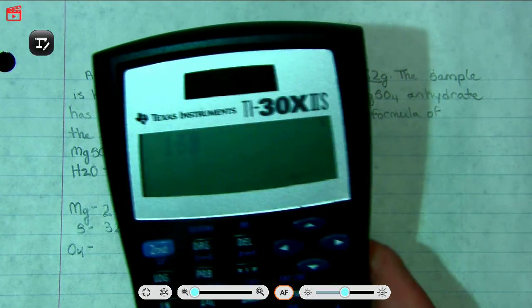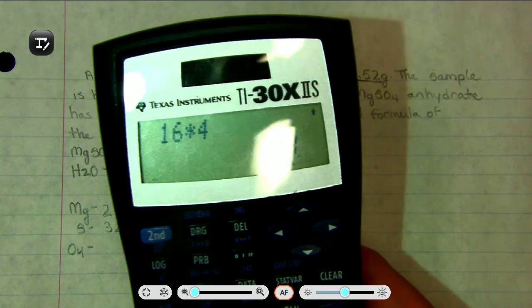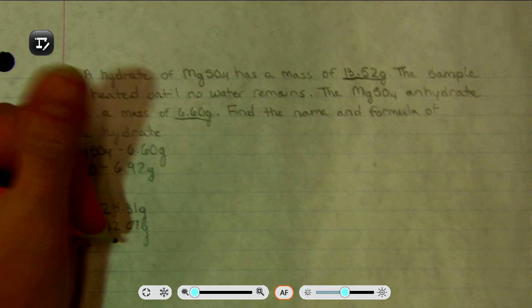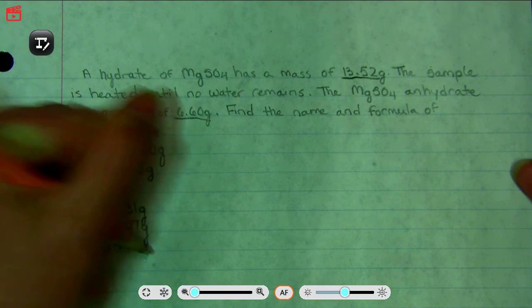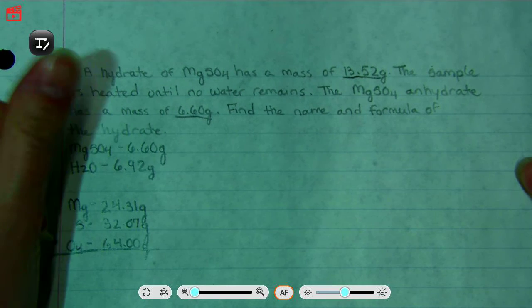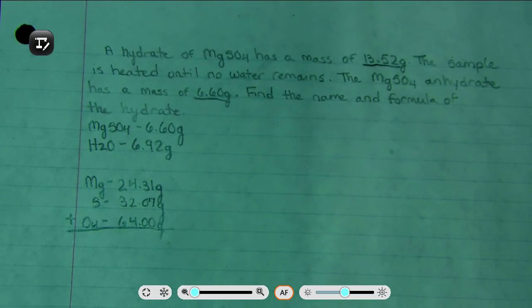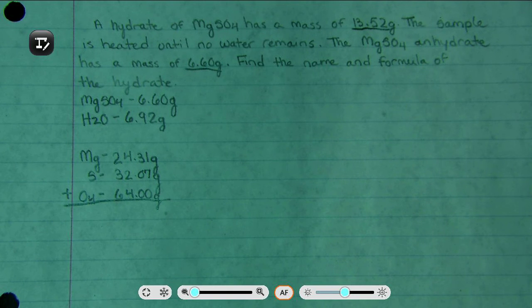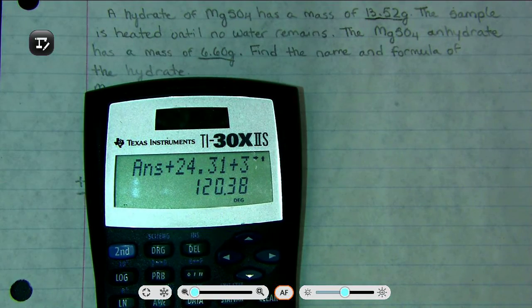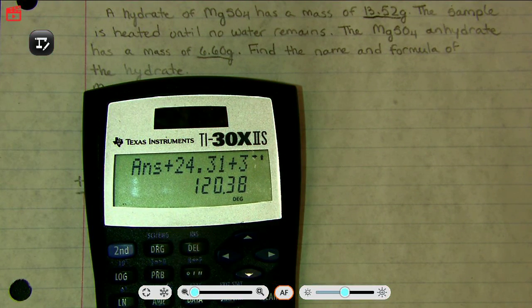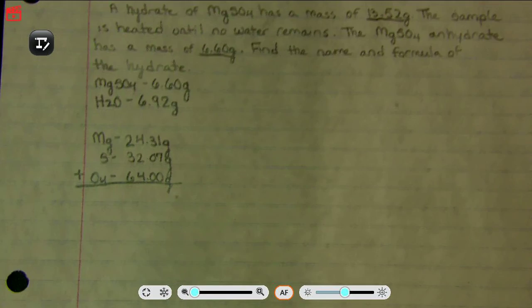Let me just double check. 16 times 4. There we go, 64 grams. I'm going to add that all together because that's how we get a formula mass. You just add all the parts up together. I apologize for the glare on this. It's what we have to work with. So our molar mass of our magnesium sulfate is 120.38. All those numbers came from the periodic table.